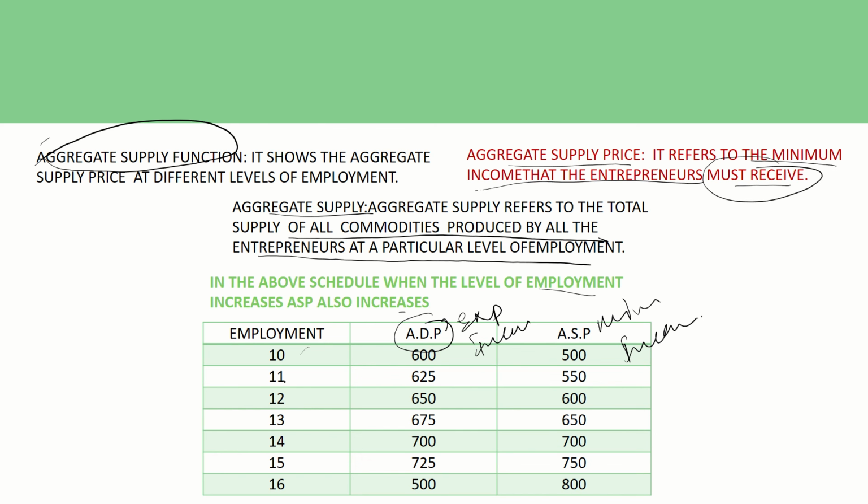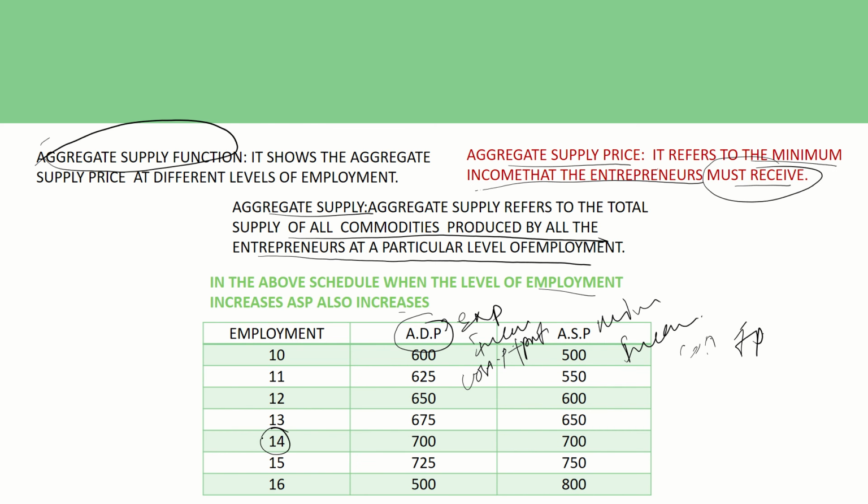When 11 lakh employees are employed, the expected income increases to 625 and the must-receive is 550. This consists only of the cost of production, and this is cost of production plus profits. So this is aggregate demand price and aggregate supply price.